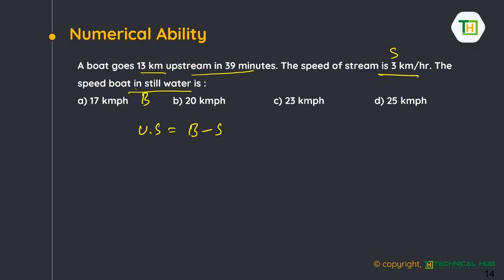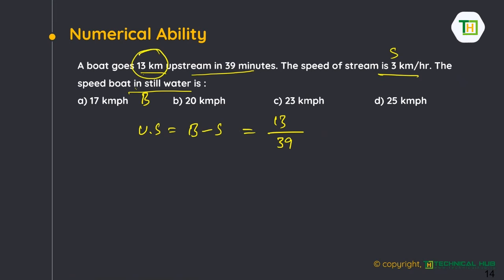According to the given question, a boat goes 13 kilometers upstream in 39 minutes. Therefore, upstream speed is equal to distance by time period. Distance is 13 kilometers divided by time period 39 minutes. One thing you must be aware of is units. Units are very important in the time and distance topic.